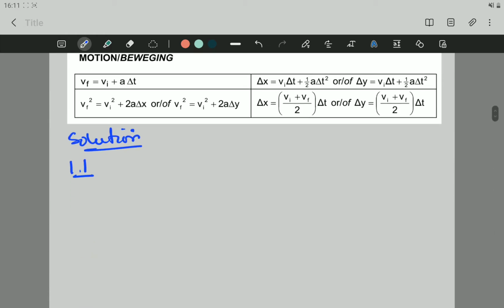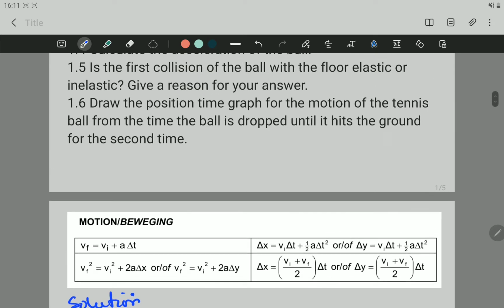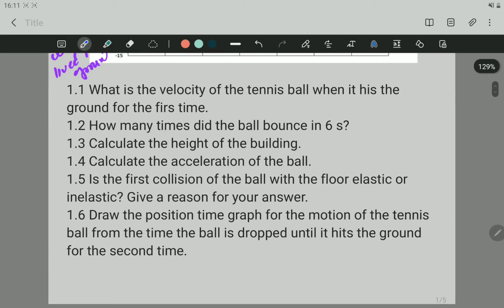Remember, velocity is a vector quantity, so it has magnitude and direction. We need to give direction as well.